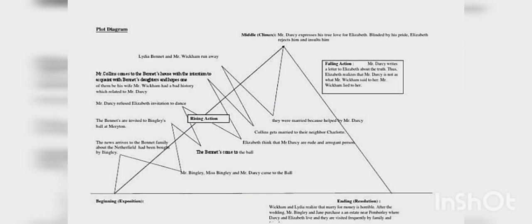So the next one is the point of no return. Obviously, this is very important. The point of no return occurs at a subsequent village ball, during which there are two crucially intertwined incidents. One of these is that Bingley's friend Mr. Darcy insults Elizabeth without knowing she can hear him, at which point she understandably forms a strong personal judgment against him.